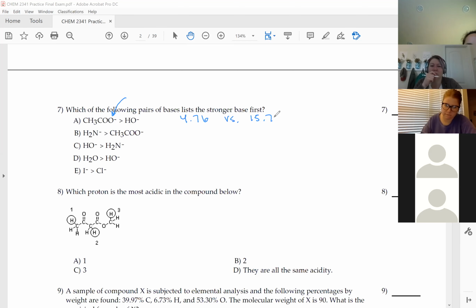So which one is the weaker acid? Water. Right, water is the weaker acid. So which base is the stronger base? It's going to be the second one, HO minus. Right, so hydroxide is the stronger base. Is this listed correctly then? No.